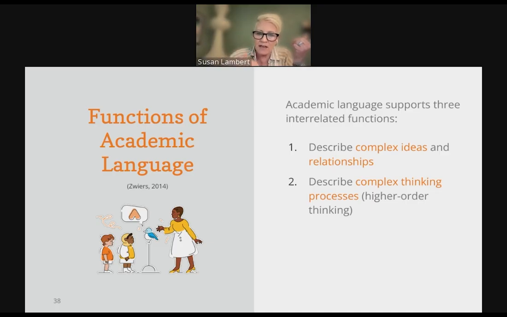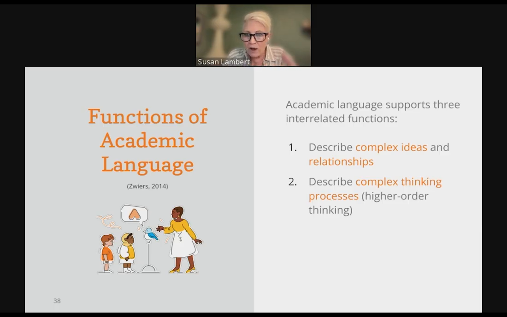We have to scaffold them into higher order thinking. You can't do higher order thinking about complex ideas and relationships that you don't know anything about, right? So if somebody asked me to do some higher order thinking, some evaluation, some comparison about gravity and something else, I'd be at a loss because I don't have the depth of knowledge.